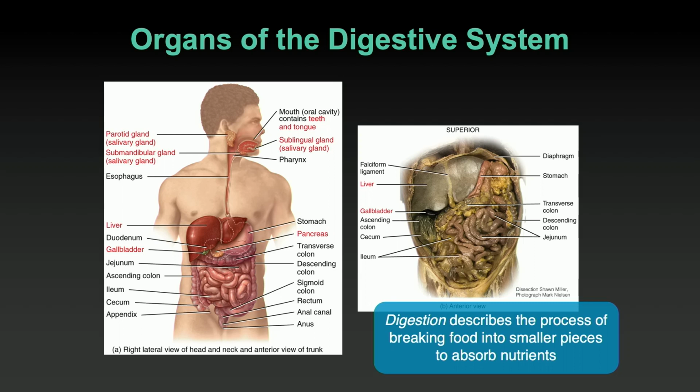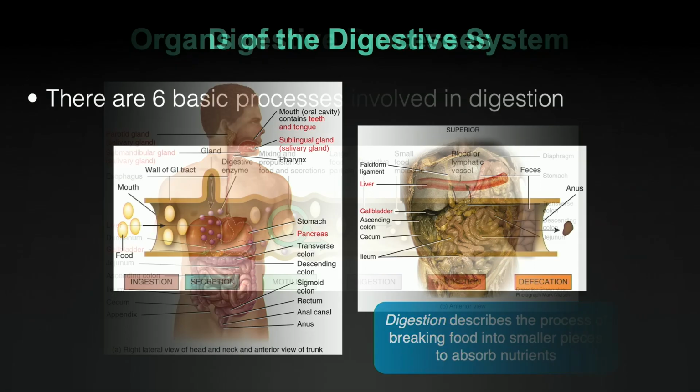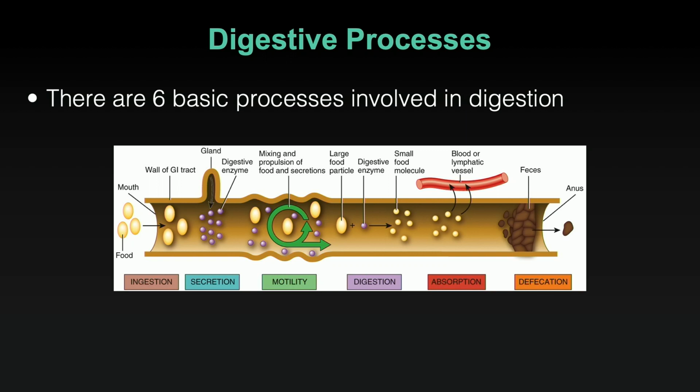But overall, we can outline at least 6 major functions of this system. Digestion probably being paramount and most important. And there's not much to be added to some of these names. The book will go through a small paragraph for you. Ingestion being one function of the digestive system is fairly self-explanatory.